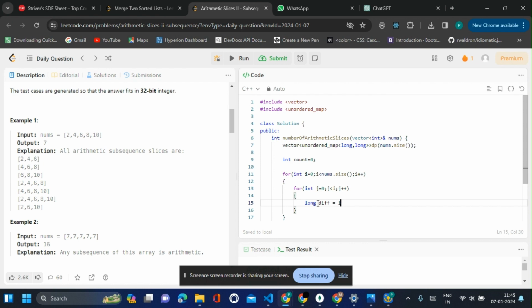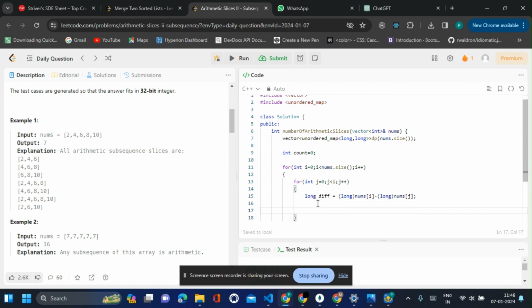Now to keep the common difference into account, we will take a difference variable. Now if we encounter any, this means we will increase this by 1. What does this actually signify? That we have increased the count of subsequences which are ending at i with common difference diff.